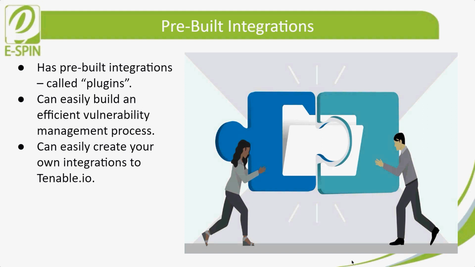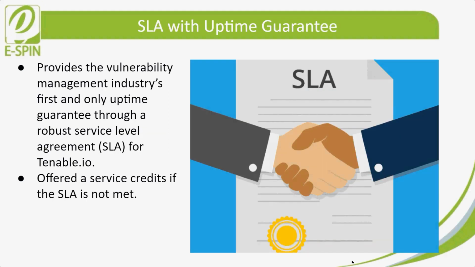Okay, next one is service level agreement, or SLA, with uptime guarantee. Okay, Tenable.io provides the vulnerability management industry's first and only uptime guarantee through a robust service level agreement, or SLA, for Tenable.io. Service credits are offered if the SLA is not met, just like leading cloud vendors such as Amazon Web Services.